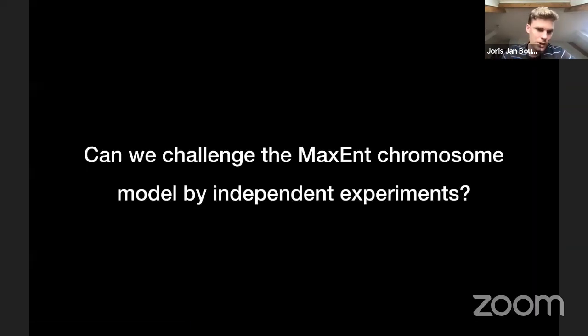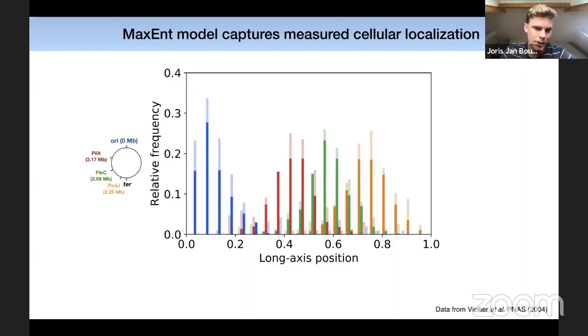So the first question that we asked is, can we challenge this maximum entropy model by independent experiments? And so I'll show you one of such experiments in which they fluorescently labeled 4 different genomic regions on the chromosome, which you see on the left. And then for each of these regions, you see the distribution of positions along the long cell axis. And if we were to have just a random polymer, the distribution would look like this for all regions.